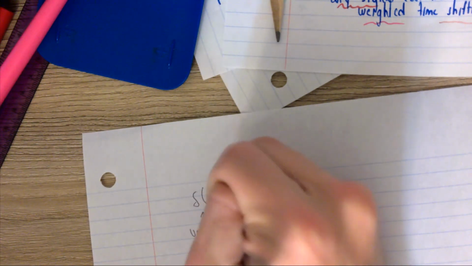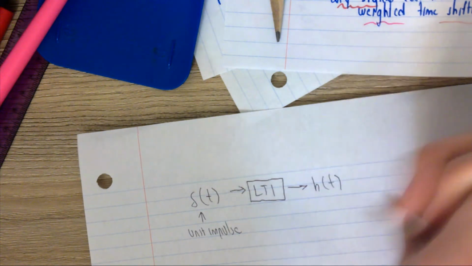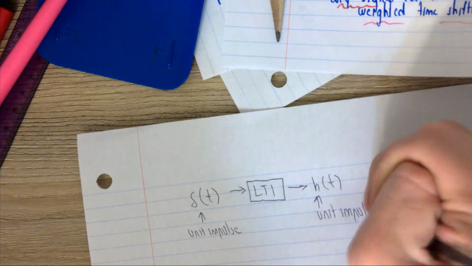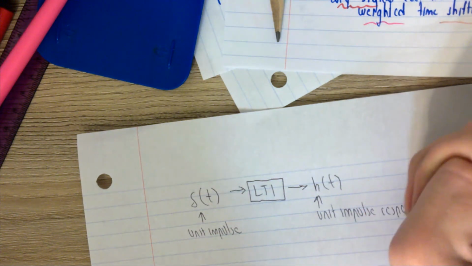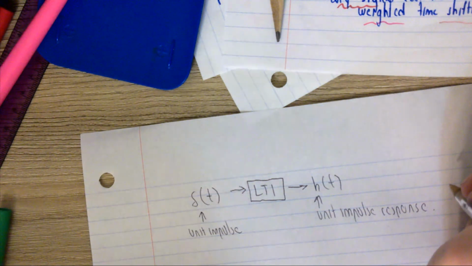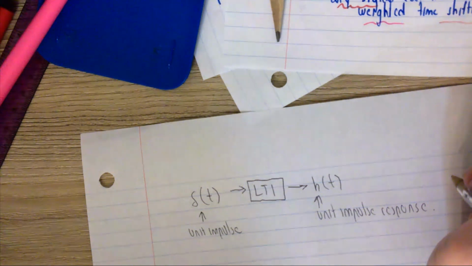The unit impulse response, which is h of t, the output of the system is known for any x of t, if we say this.